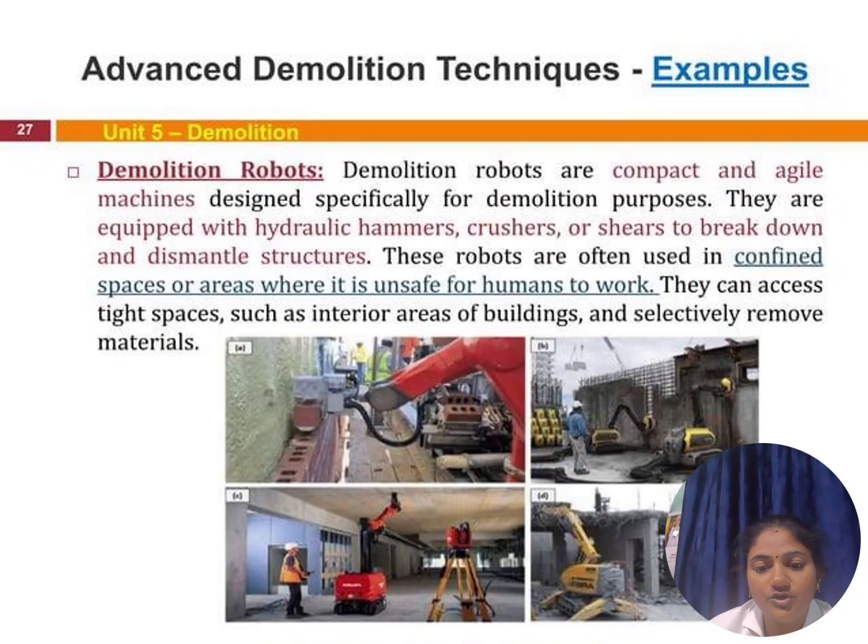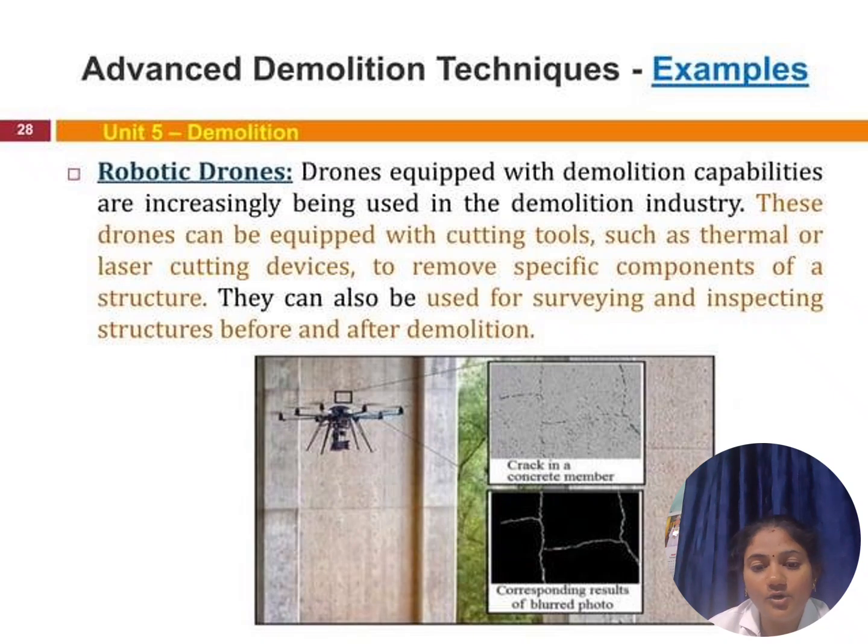And then demolition robots, here they are used to demolish the complete structure like humans, and where humans are unable to work in those unsafe conditions, these robotics are used. And then robot drones are used to find the cracks and for thermal and laser cutting devices, and surveying before and after the demolition, robotic drones are used.